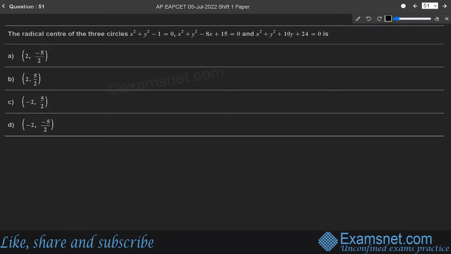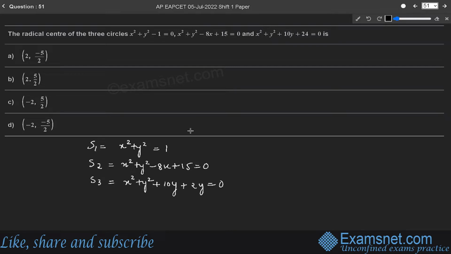Therefore, let S1 is equal to x square plus y square minus 1, let S2 is equal to x square plus y square minus 8x plus 15 is equal to 0, and let S3 is equal to x square plus y square plus 10y plus 24 is equal to 0.